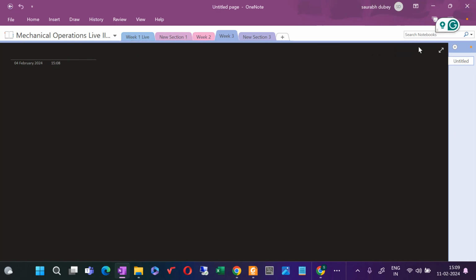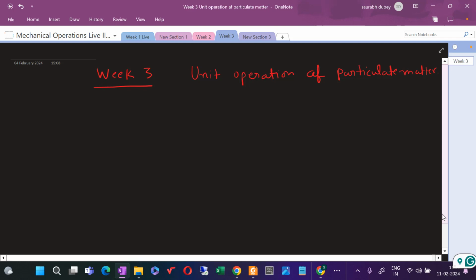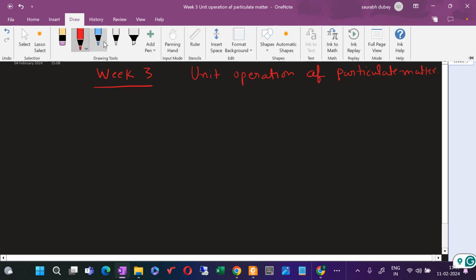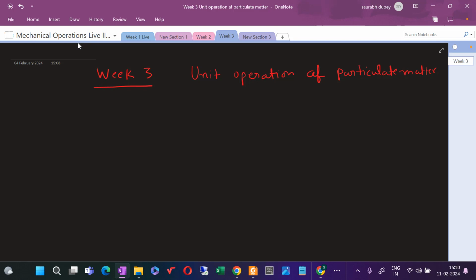In this particular lecture, week 3 of the course Unit Operations of Particulate Matter, this week was more inclined towards the working, modeling and application of fluidized beds.